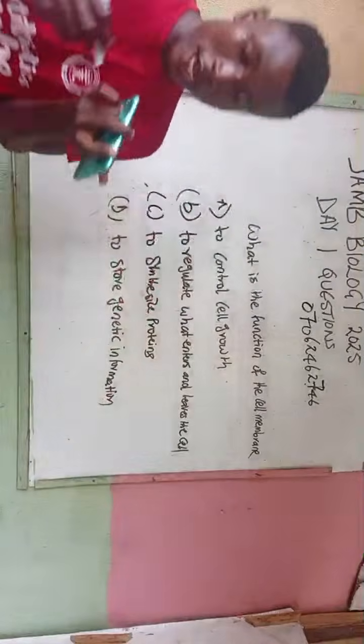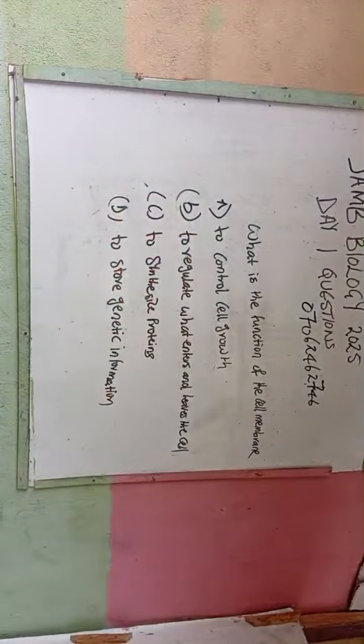So the question here is, what is the function of the cell membrane? A, to control cell growth. B, to regulate what enters and leaves the cell. C, to synthesize proteins. And D, to store genetic information.